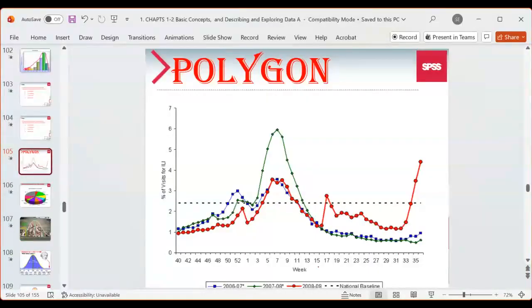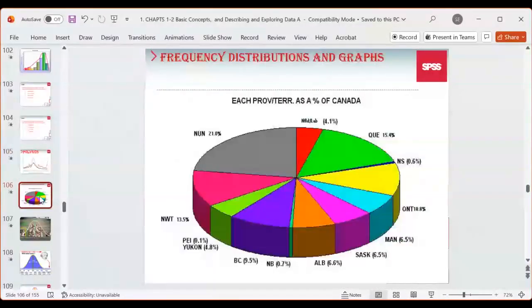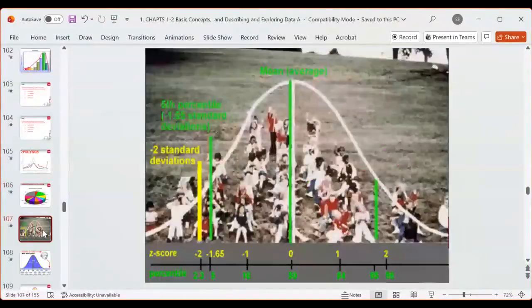Let's say the green one is the AU students, so you can see they excel; they score highest compared to others. And then we have the pie graph, which, as you can see, describes different provinces of Canada in terms of population.